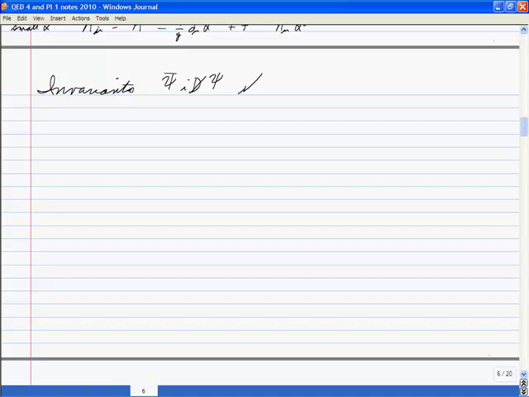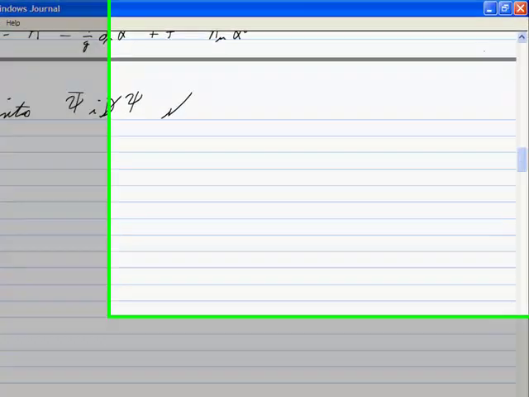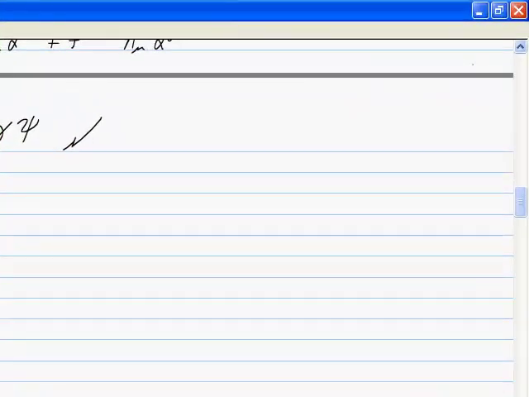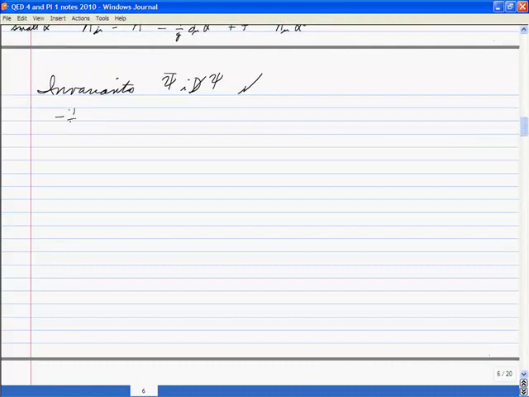The piece that's still missing is the kinetic energy piece for the gauge fields. What we had before was minus a quarter F mu nu F mu nu. This is in U(1).